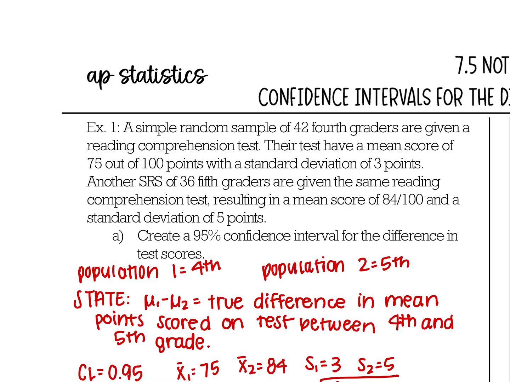So with this, we're looking for, hey, are the fifth graders smarter than the fourth graders? What we would do is study these two and look at what their difference is. If we find a difference that is significant, we'll be able to determine one is better than the other, or we will find that we can't make that conclusion.